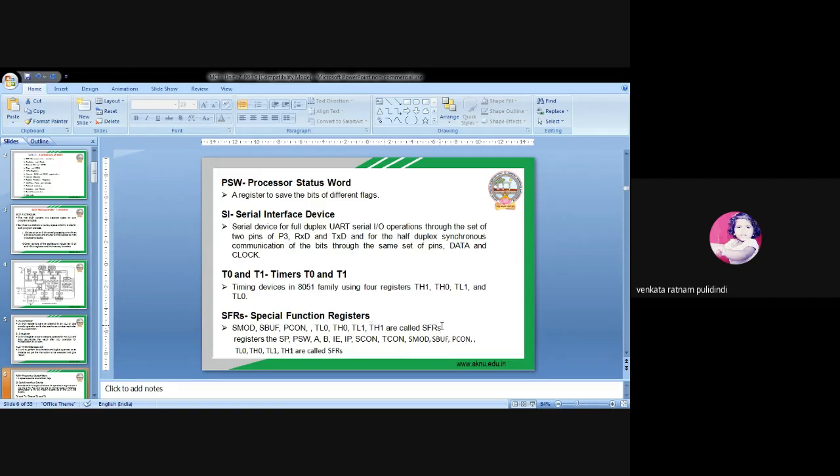These are called special purpose registers. Along with these, there are some other registers: SP, stack pointer, program status word, A register, B register, instruction register, interrupt instruction pointer, and SCON, TCON, SMOD, SBUF, PCON. All these are special purpose registers used in the 8051 microcontroller.